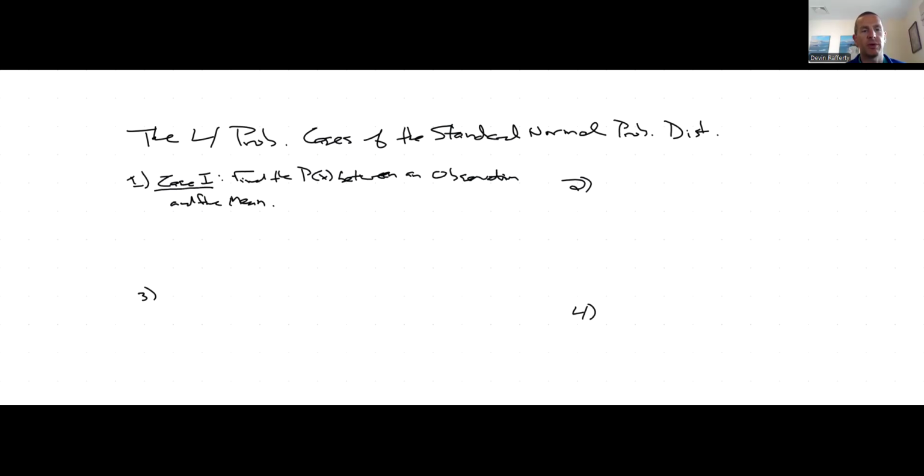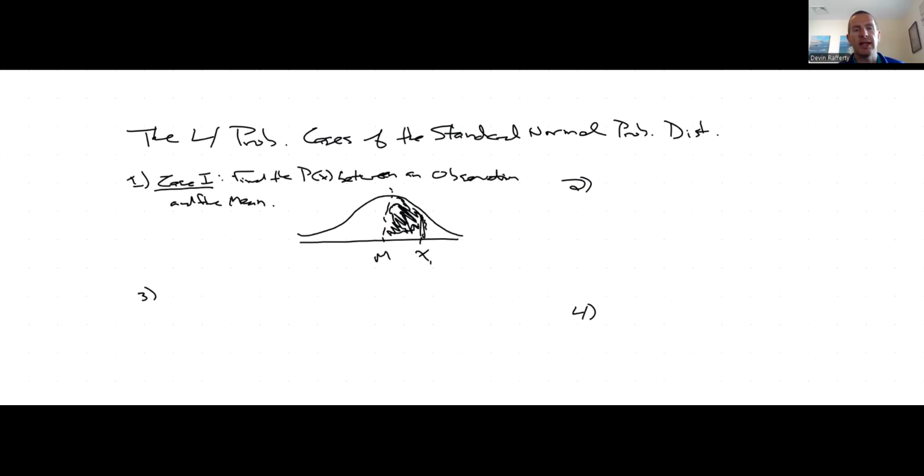Okay, so for case 1, we have to find the probability of something occurring between an observation and the mean. So in other words, we want to find this. We have to find the probability or the area of something occurring that happens between an observation, the observation I wrote as x1, and the mean.